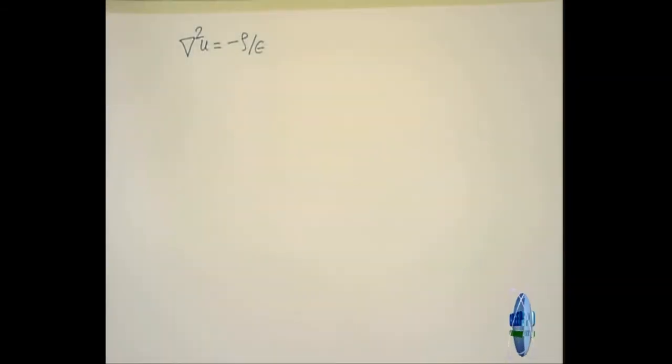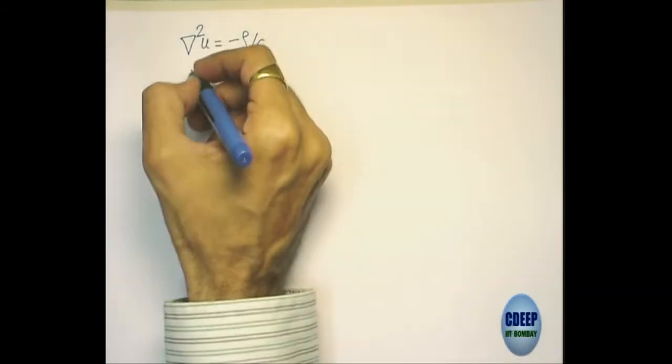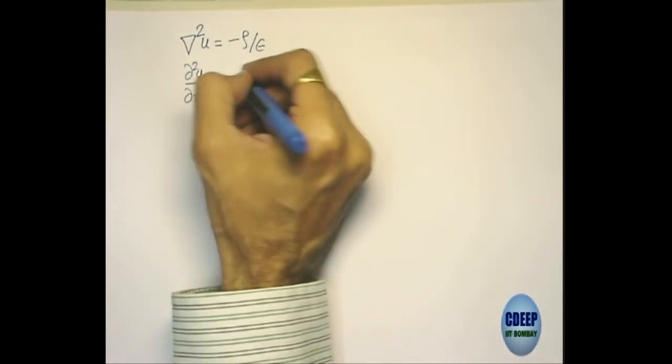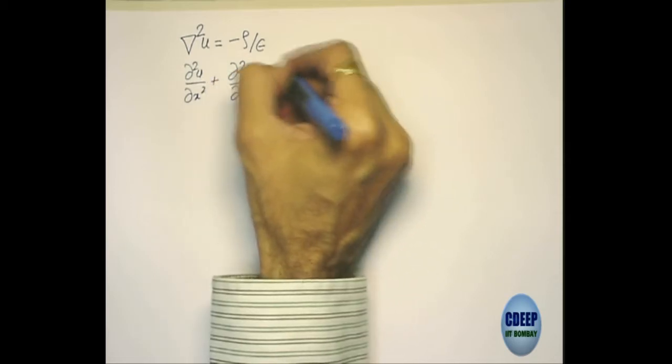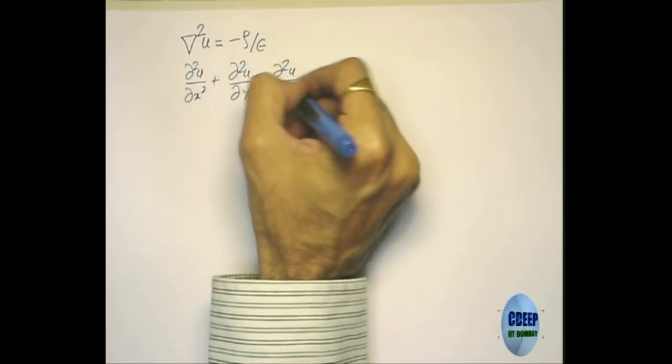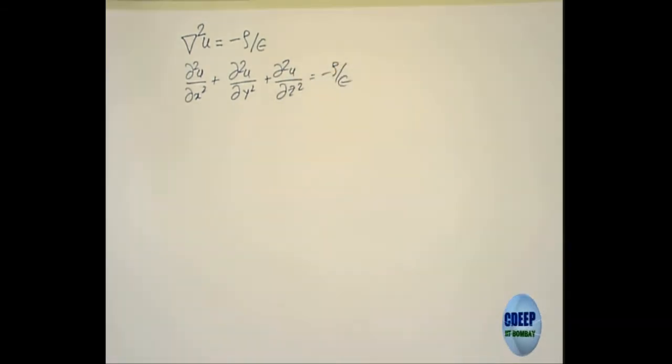Yeah, so all of you are familiar with this Poisson's equation, right? When you see this equation, you know what is del square u, right? d2u by dx square plus the other terms.